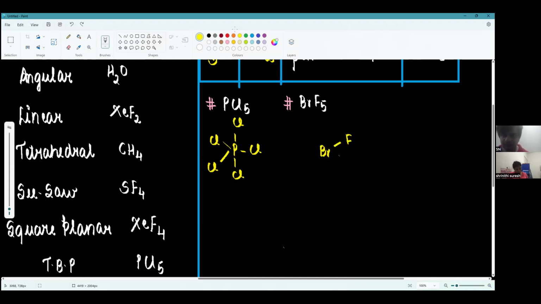Br लाइक दिस, 1 लोन पेयर विल बी हियर, और एक फ्लोरिन नीचे रहेगा ऐसा। ये रहा देखो। तो इसमें अभी एक ही लोन पेयर है ऐसा। देखो ऐसा दिख रहा है आपको? ये स्क्वायर और ये पिरामिड, ऊपर वाला लोन पेयर है। फर्स्ट फ्लोरिन, सेकेंड, थर्ड, फोर्थ एंड फिफ्थ फ्लोरिन। गॉट इट मैडम?